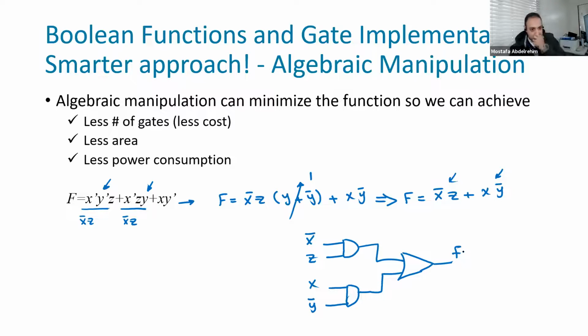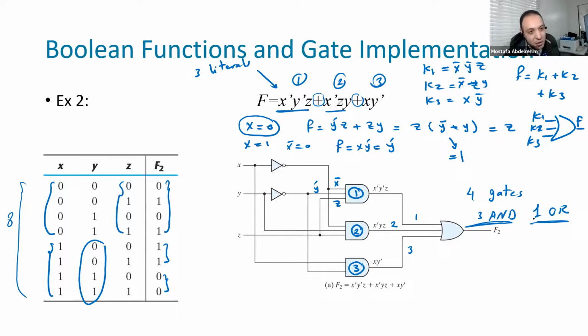Then you get f. Okay, what we needed here, we needed two AND gates, one OR gate. So let's check the first one. The first implementation, three AND gates, one OR gate. And there is still a difference.